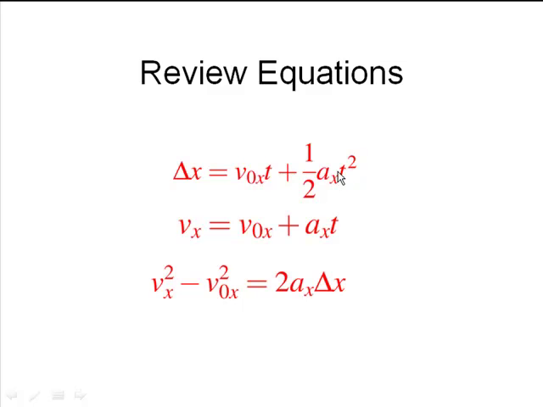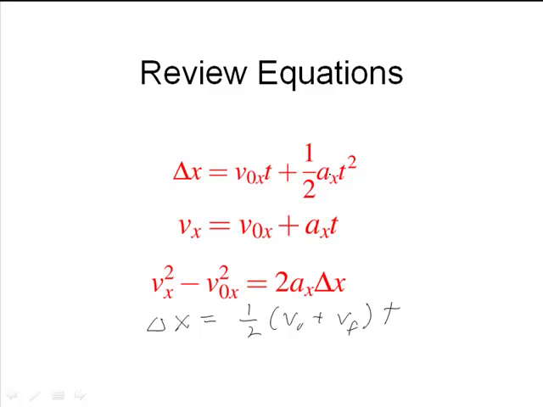There are a number of other equations that can be useful. So you might remember delta x was 1/2 (v initial plus v final) times t. This one you get by solving this one for acceleration and plugging it in here.